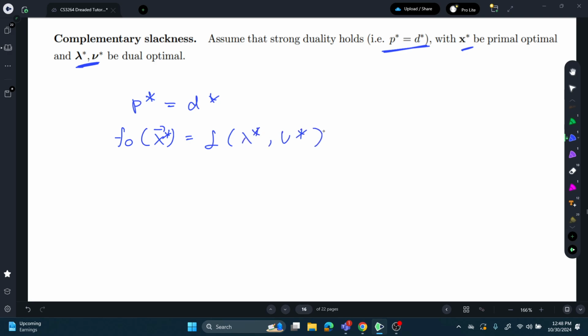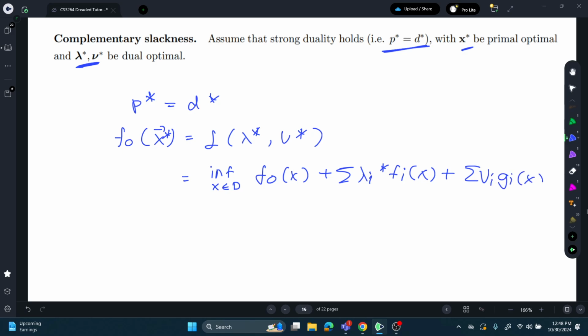I'll just omit the arrow for now. Which is essentially taking the minimum of the entire Lagrangian. This is your f0 x plus your sum of lambda i star fi x plus sum of nu i gi x. Okay? This whole thing, since this is the lower bound, that means for any value of x, this will be greater than or equal to the lower bound.